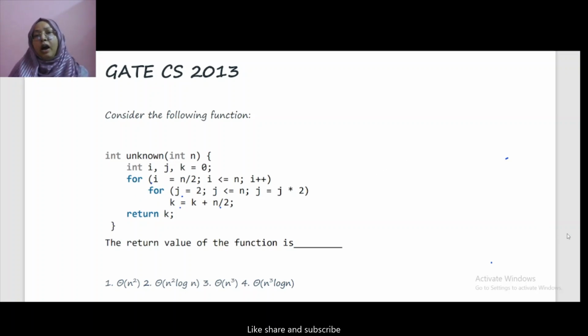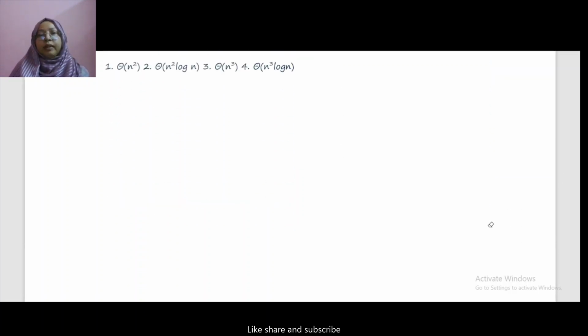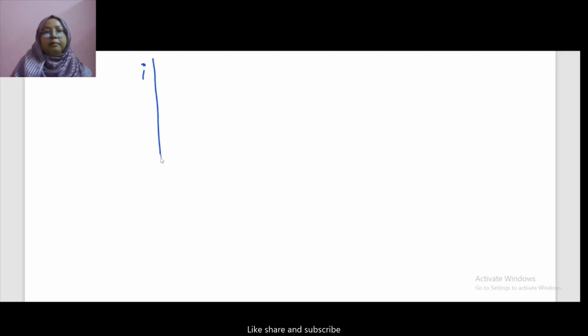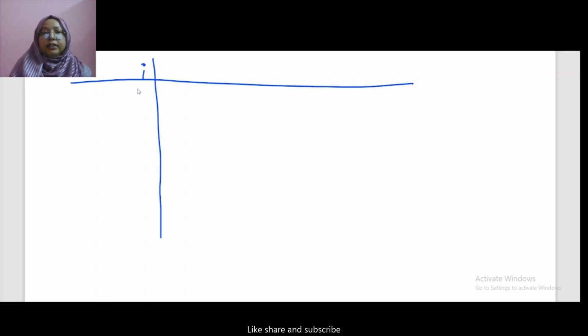So let us see how many times i and j are running. Let us make a table of this so that you can understand it better. I am making a column for i. For every value of i, j will have some range of values. i is starting from n by 2.